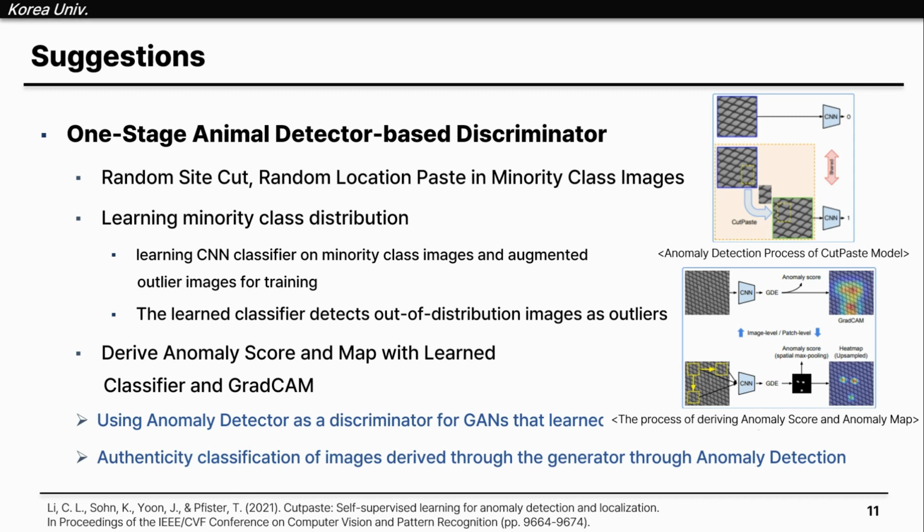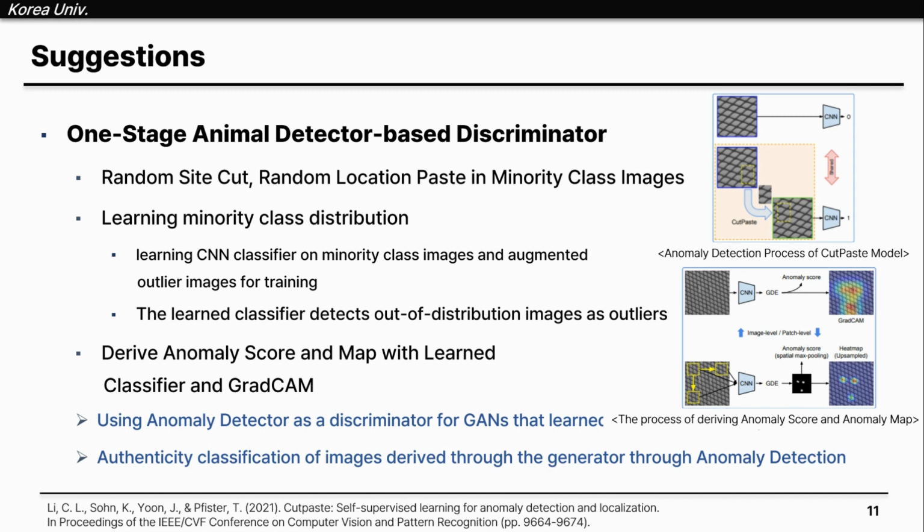Through this, when a CNN binary classifier is trained on the constructed dataset, it learns the distribution of minority class images well and detects out-of-distribution images as outliers. Additionally, GradCAM is applied to derive the anomaly score and map.